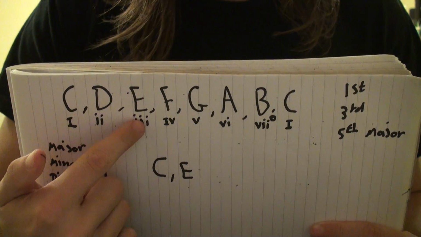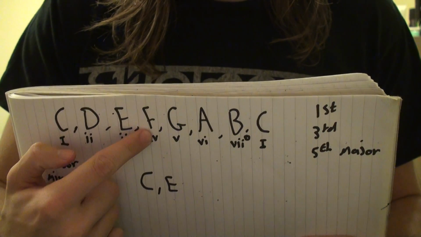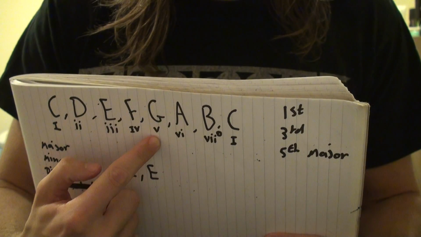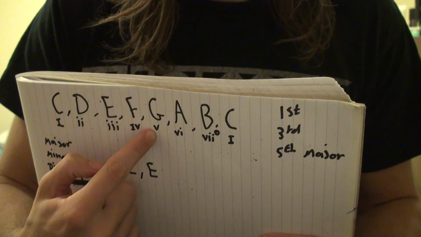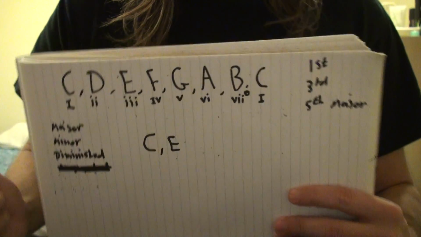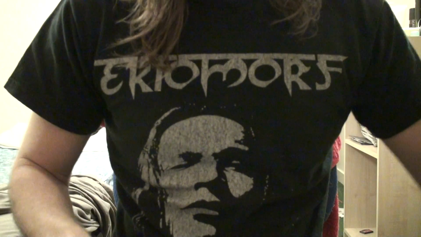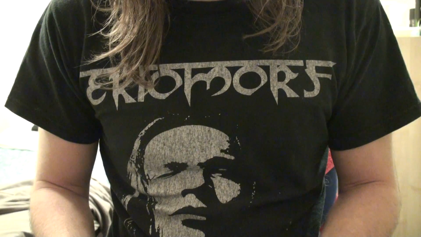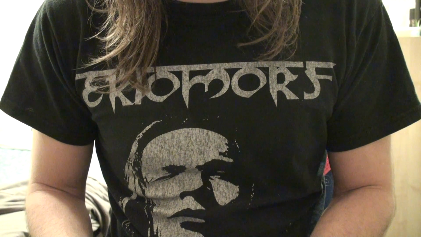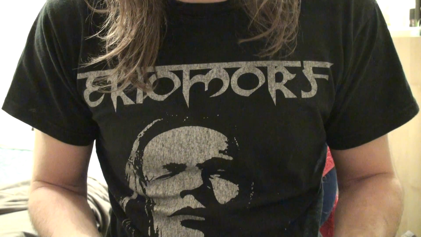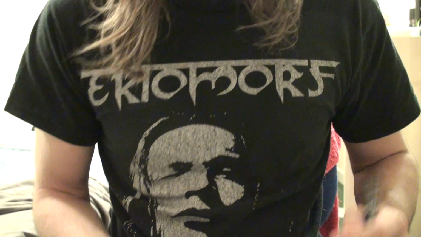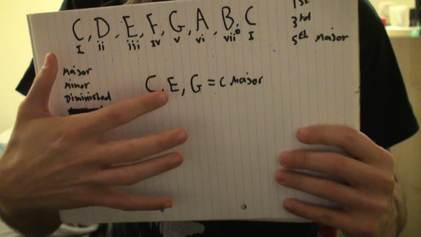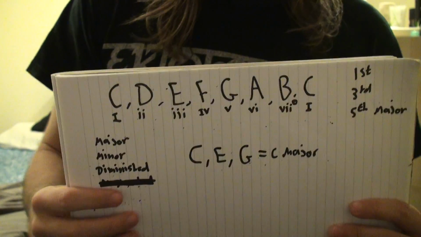We're at our E, move up to F, that's number 4, we don't need number 4, move up again, we're at G, and that is number 5. So G is our fifth scale interval. Now we have our 3 notes, our first triad chord in the key: C, E, G, C major.